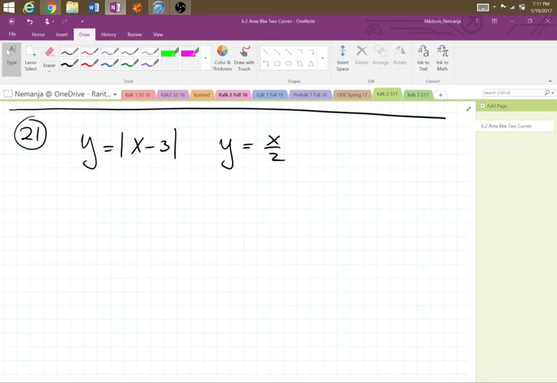Yes, very good. So x equals 2 and x equals 6.